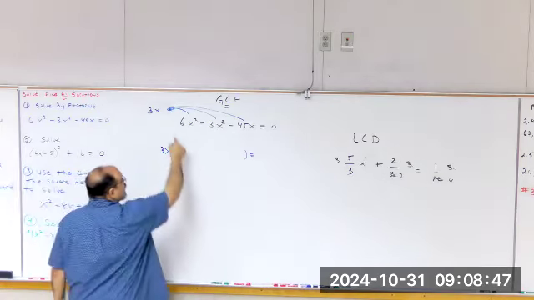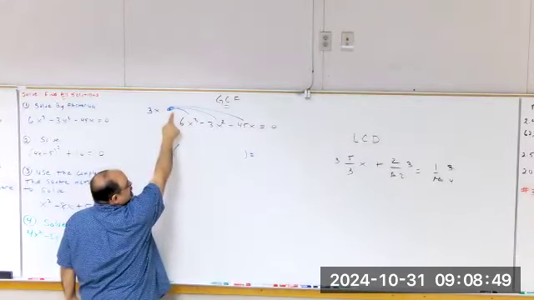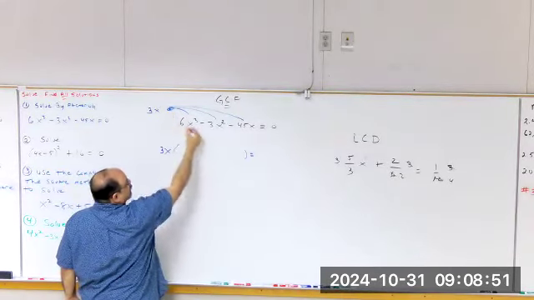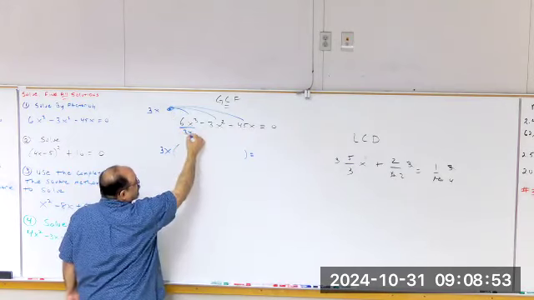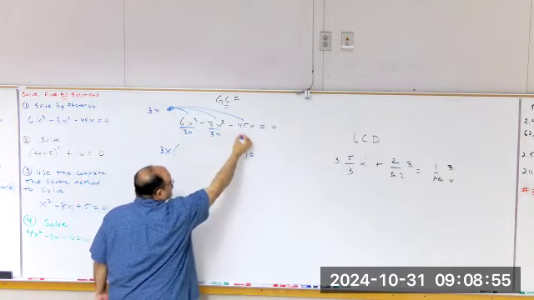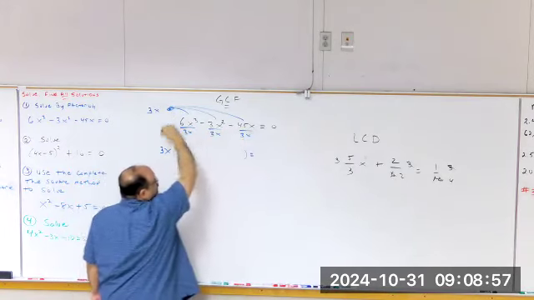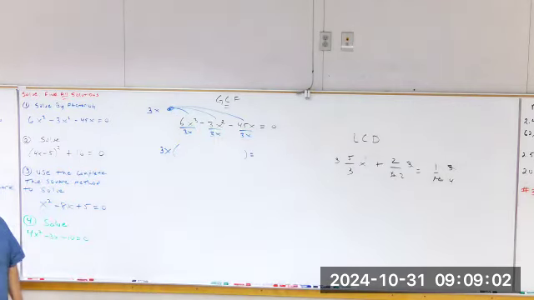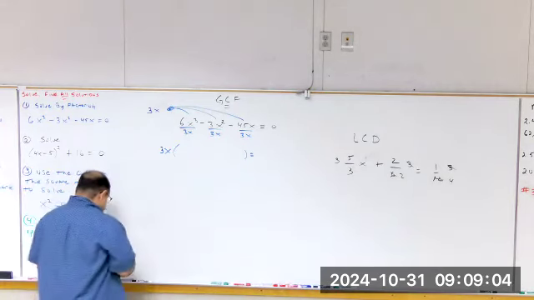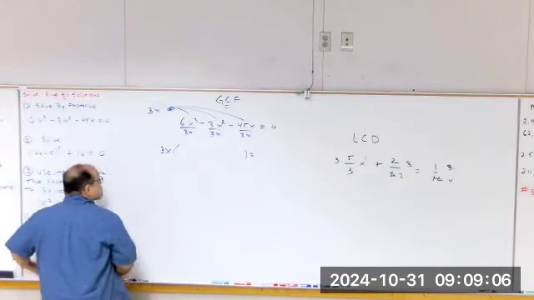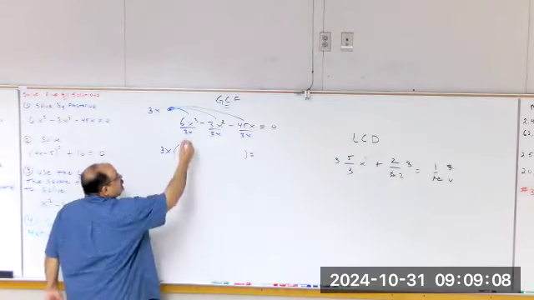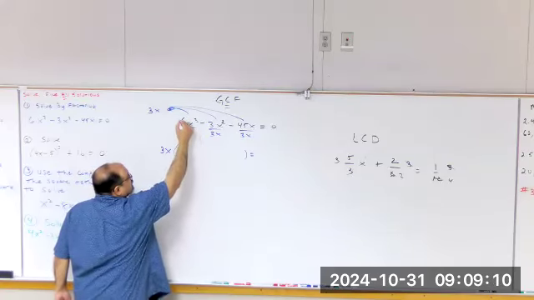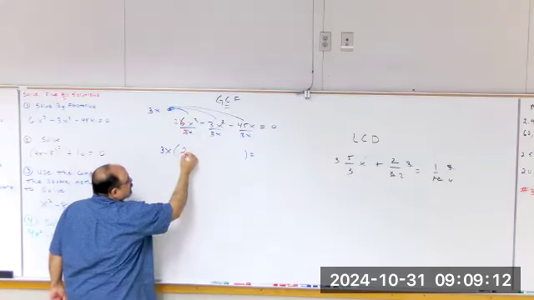And when you do that, remember, you're reversing distribution. So you're dividing out the 3x. When we distribute, you multiply it in. So when we factor, we divide it out. So inside, 3 goes into that 6 2 times.